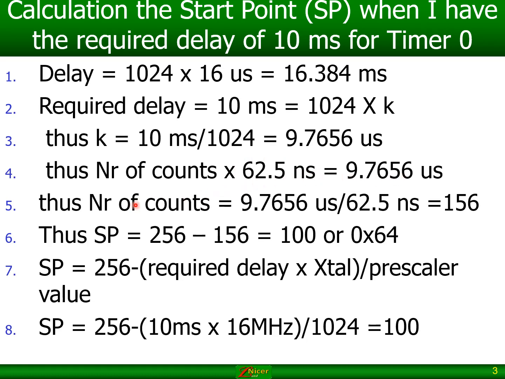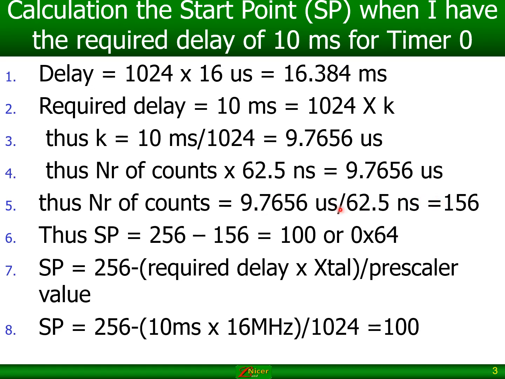And that can now be calculated. So this number of counts is 9.7656 microseconds divided by a single count time, and that gives me 156, which means I must in actual fact count in total 156, and each and every one of them is 62.5 nanoseconds, and that will give me a delay of 9.765 microseconds.